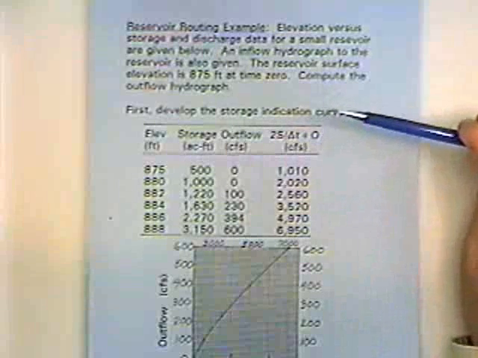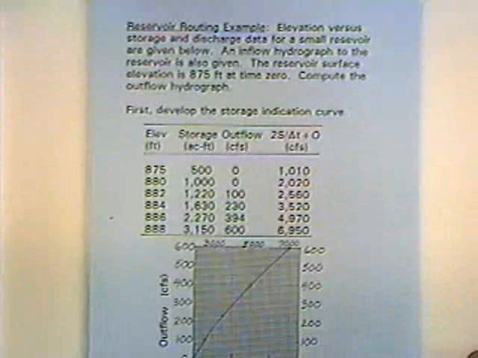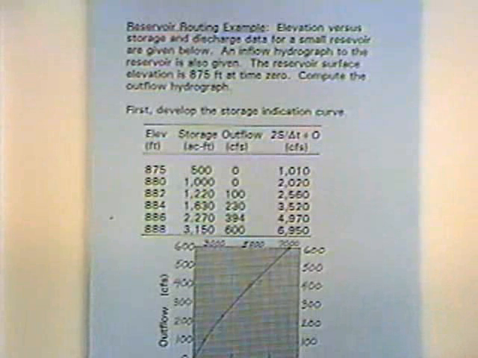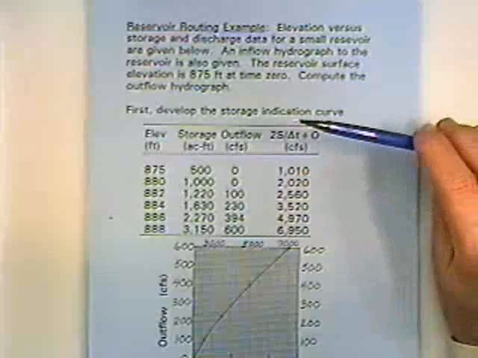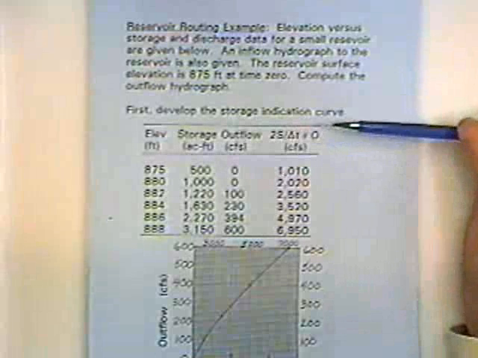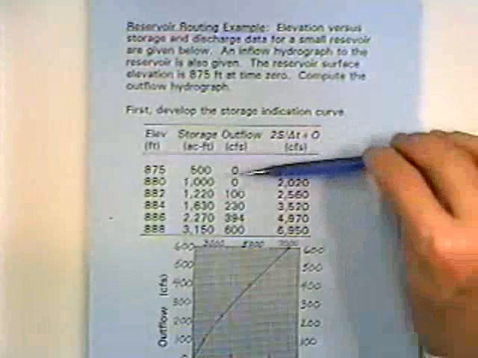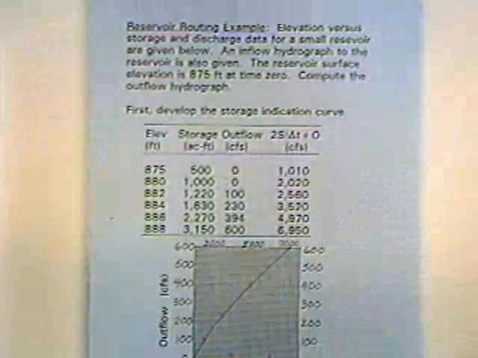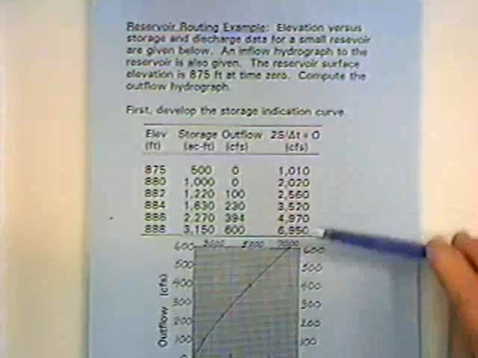And we're using a computational time interval. When we flip to the next page, we'll find that our inflow hydrograph is spaced at intervals of 12 hours apart. And so we've got a delta T of 12 hours, and by doing unit conversions, we can say 2S over delta T plus outflow is computed directly from those numbers, delta T of 12 hours and the proper unit conversions.